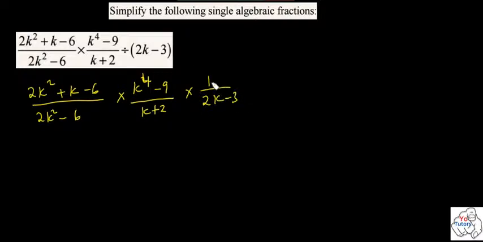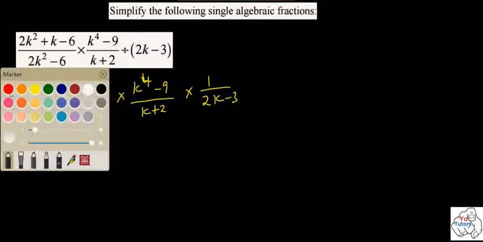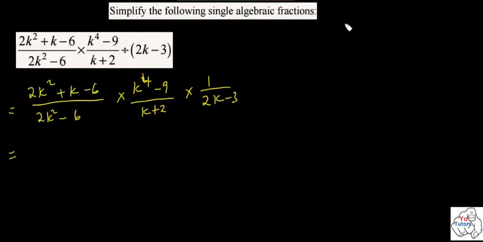You can see what we have done on the last term. We are saying 1 over because this is more like 2k minus 3 over 1. So what are we going to get from there? Let's try to factorize this one separately and see what we get.